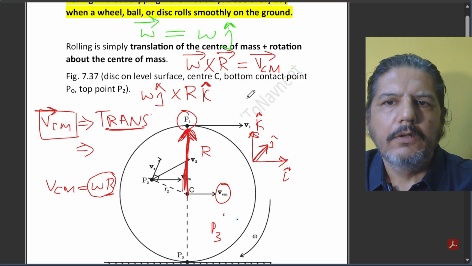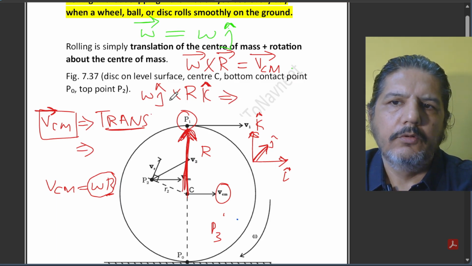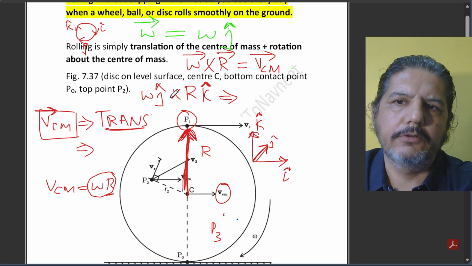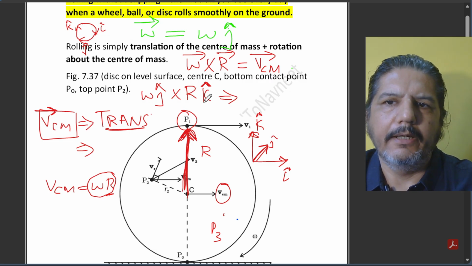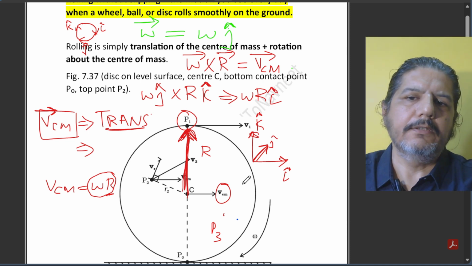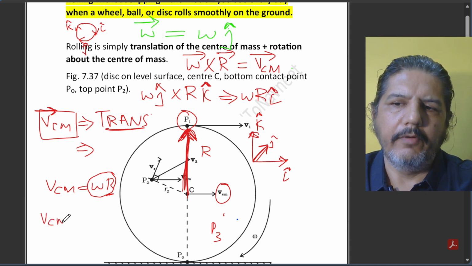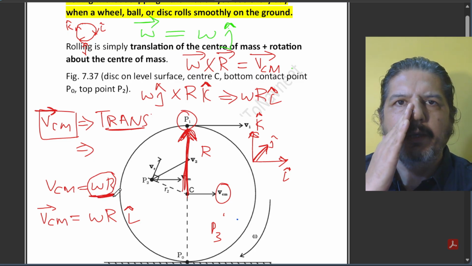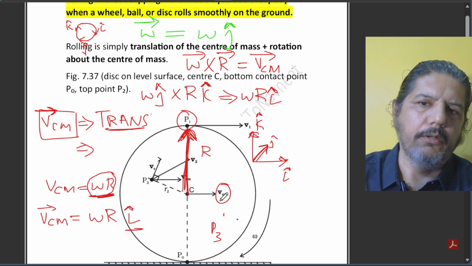Hope this is making sense. When I'm doing the cross product of vectors, this is I, this is j, this is k, clockwise direction. So j cross k would be equal to I, and this is omega r I. So VCM in vector notation can be written as omega r I cap. The magnitude is omega r, and the direction is in the I direction.